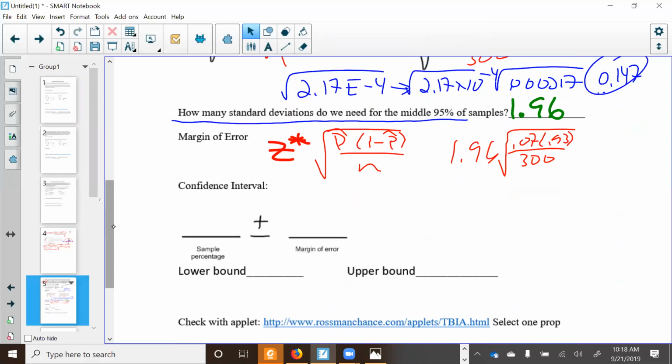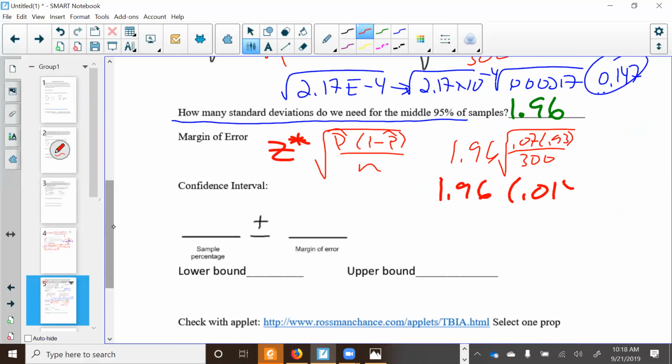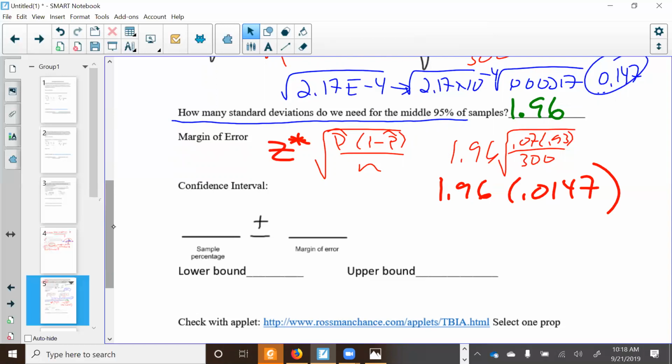So 1.96 times 0.0147 is going to be our margin of error. That's going to be the wiggle room. So times 1.96, that's 0.029 I'm going to round to.